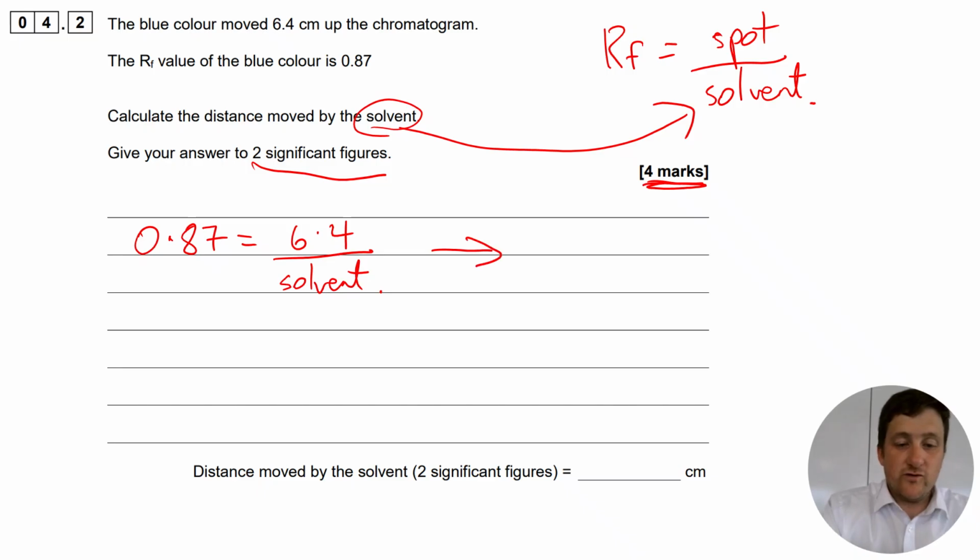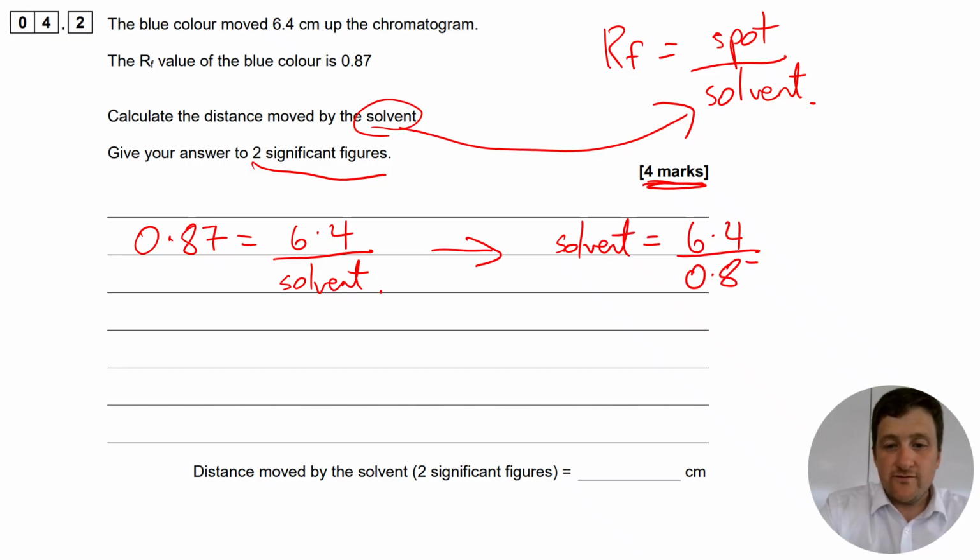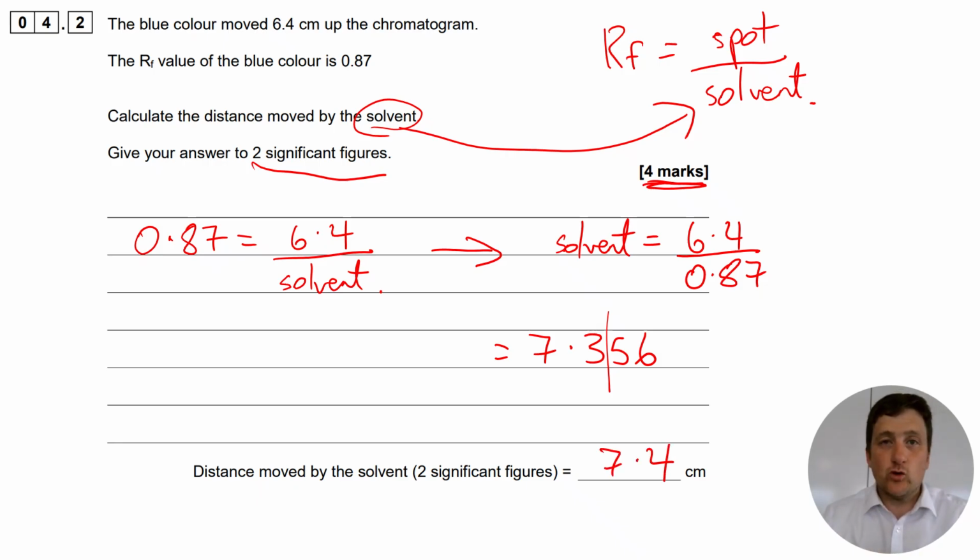If we solve to rearrange, we end up with the solvent distance is 6.4 divided by 0.87, and that comes out to 7.356. Obviously that's not 2 significant figures. Some people struggle with that. It's not decimal places, it's significant figures, which means the answer is 7.4 centimeters.